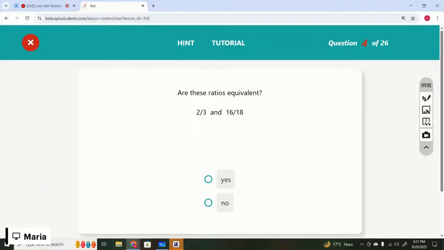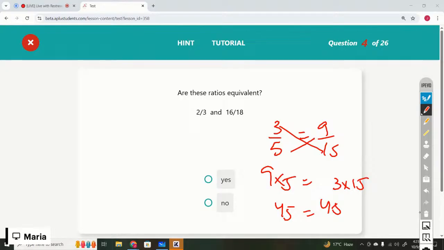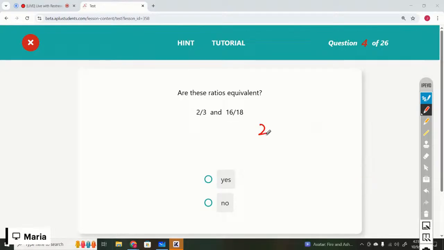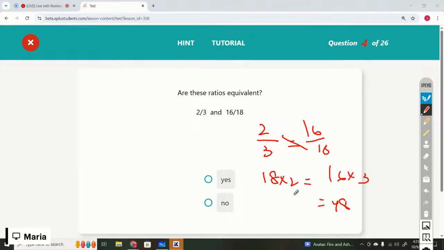2 by 3 and 16 over 18. So let's just do cross multiplication. 18 times 2 and 16 times 3. 16 times 3 is 48. 18 times 2 is 36. So no, both sides are not equal. So that is not the equivalent ratios.